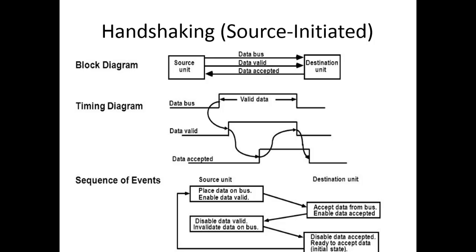So, depending on the initiator of the transfer, two types of handshaking mechanisms can be implemented. So, let us consider the first one, that is source initiated. If you look at the block diagram, the source unit and destination unit are connected by means of data bus and control bus. Here the control bus transfers two types of control signals, data valid and data accepted.